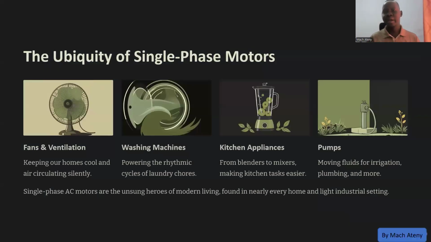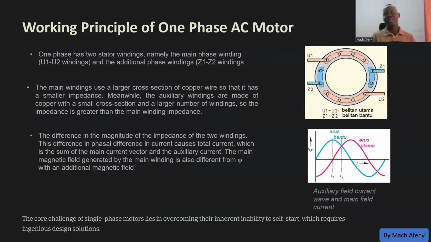And also we have pumps. We know commonly pumps are used for moving fluid for irrigation, and also plumbing and more. All of this, single phase AC motors are used for that.